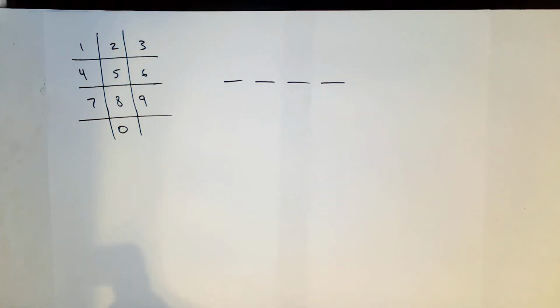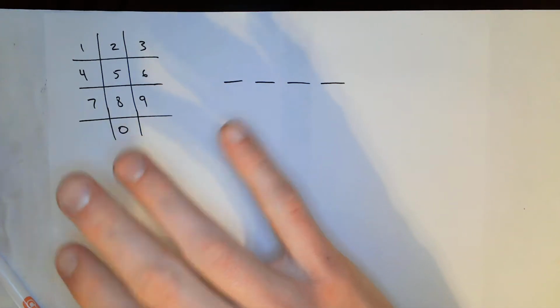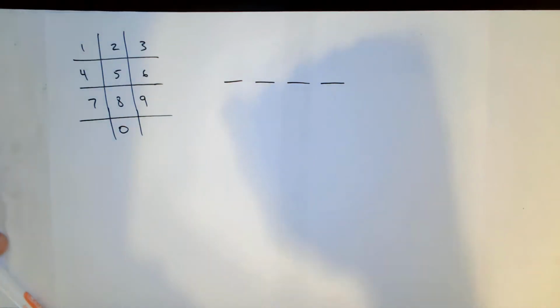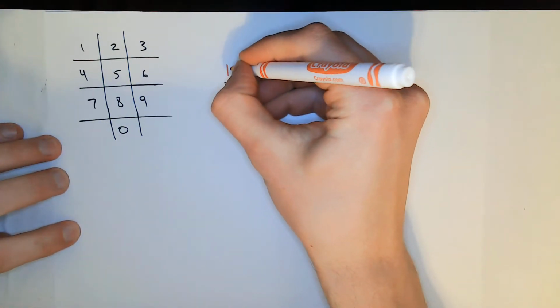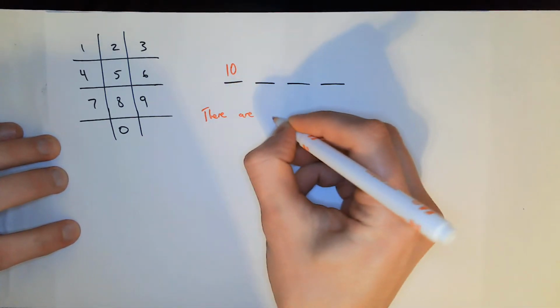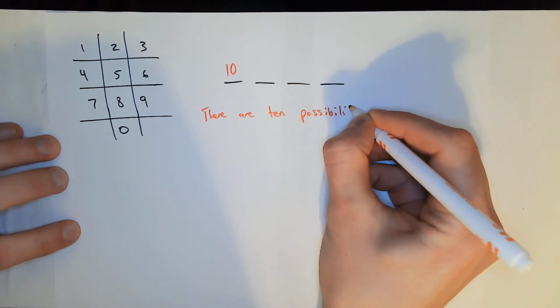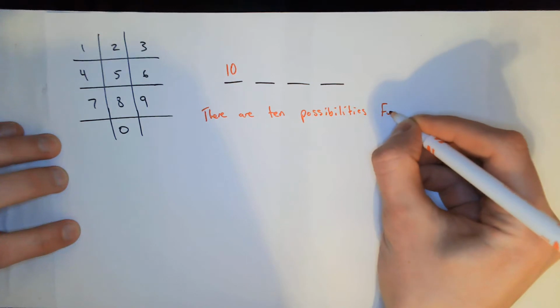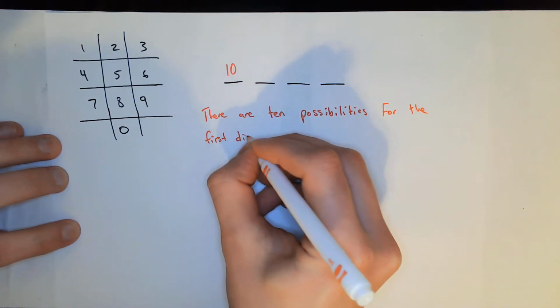How many possibilities are there for the first position? Could be a 1, 2, 3, 4, 5, 6, 7, 8, 9, or 0. There are 10 possibilities for the first digit.